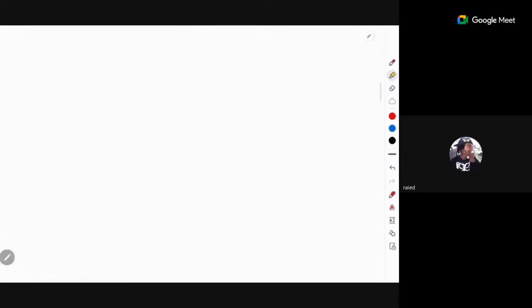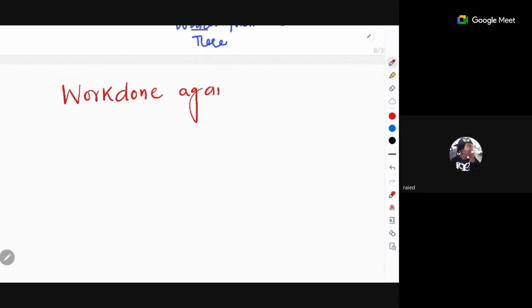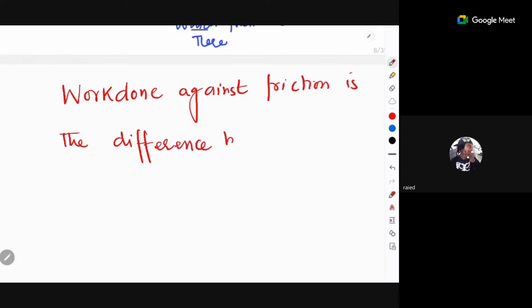If you want to calculate the work done against friction, okay, work done against friction is basically the difference between, this is a very important sentence, the difference between the loss and gain of energy.